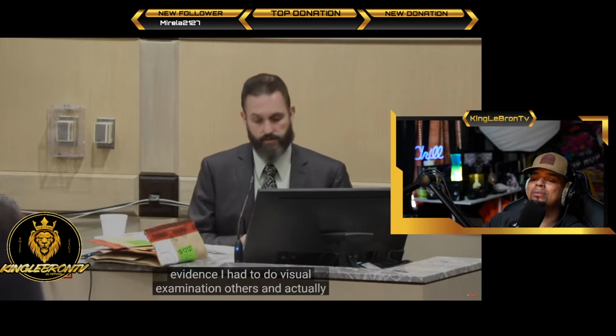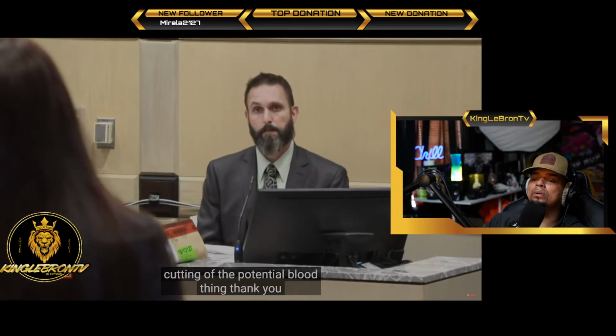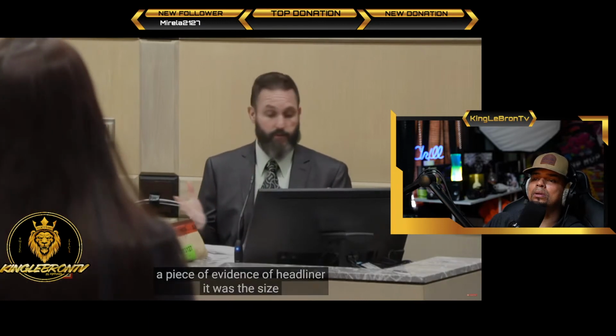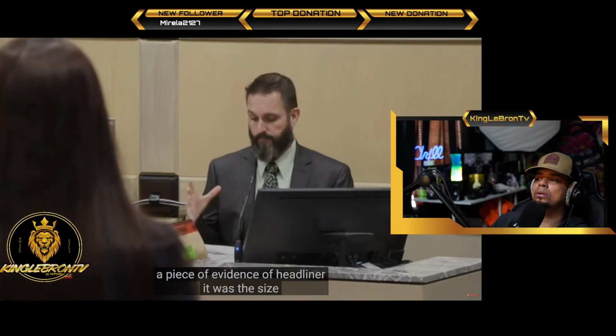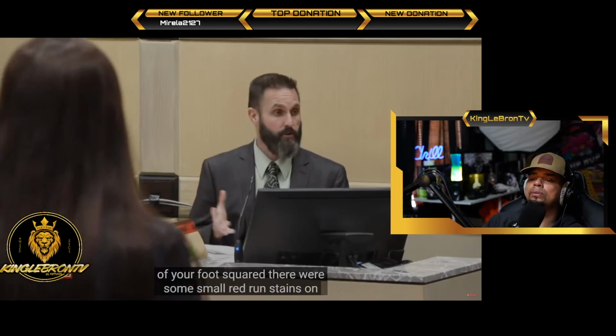That evidence, I had to do a visual examination on it and actually take a cutting of a potential blood stain. And can you explain to the ladies and gentlemen of the jury what's the difference between using a swab versus a cutting of an item? This was a piece of evidence, a headliner. It was the size, maybe a foot squared.